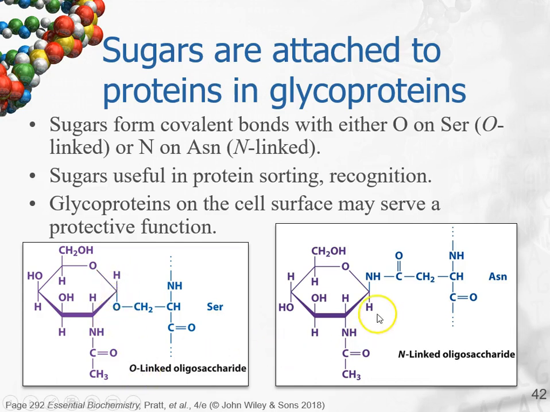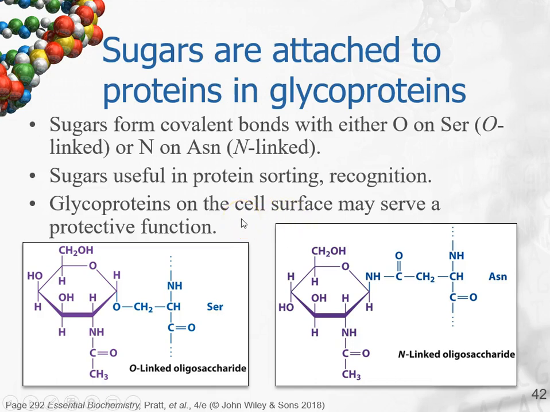So that's an O-linked sugar. Or this is an N-linked sugar, so this is asparagine, and this would have been an NH2, and again, another good place to do a condensation reaction. These sugars are on the outside of the cell, and they're useful in protein sorting and recognition, which you might cover in one of your biology classes. We cover it in biochemistry too. It's beyond the scope of this course.